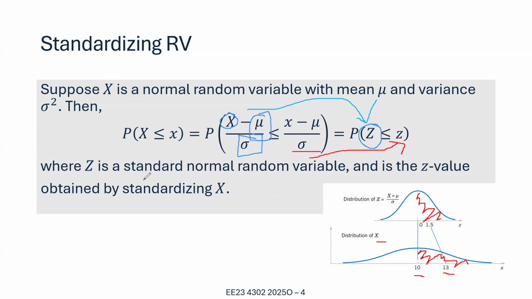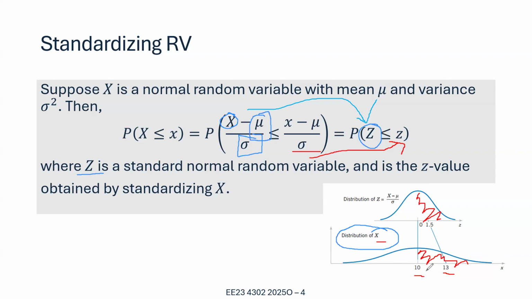So here z is the standard normal variable, and this is the z value obtained by standardizing x. So for example, if we have this kind of random variable x, we can transform this into this z, relative to the mean, to see in which position our desired measure is in the standard normal random variable.